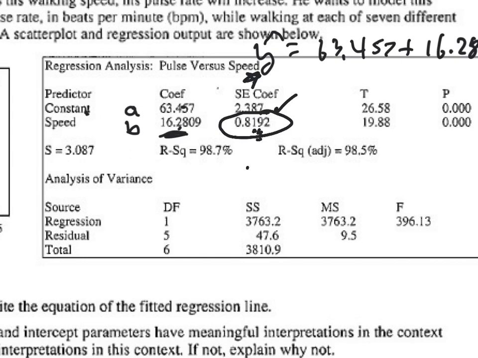You remember my formula for standard error? It was S divided by the square root of the sum of squares of the x's. There's S right here, 3.087, divided by what of the x's, which is not here. So let me skip that one.